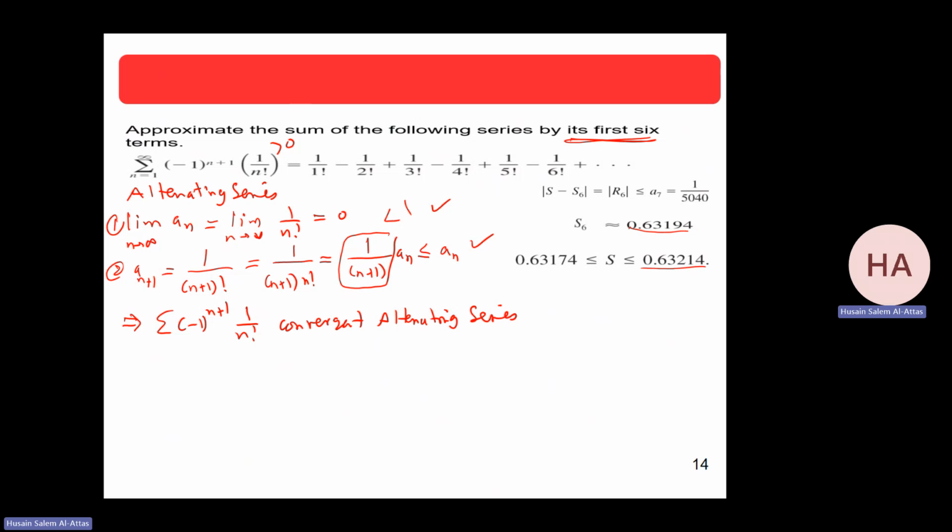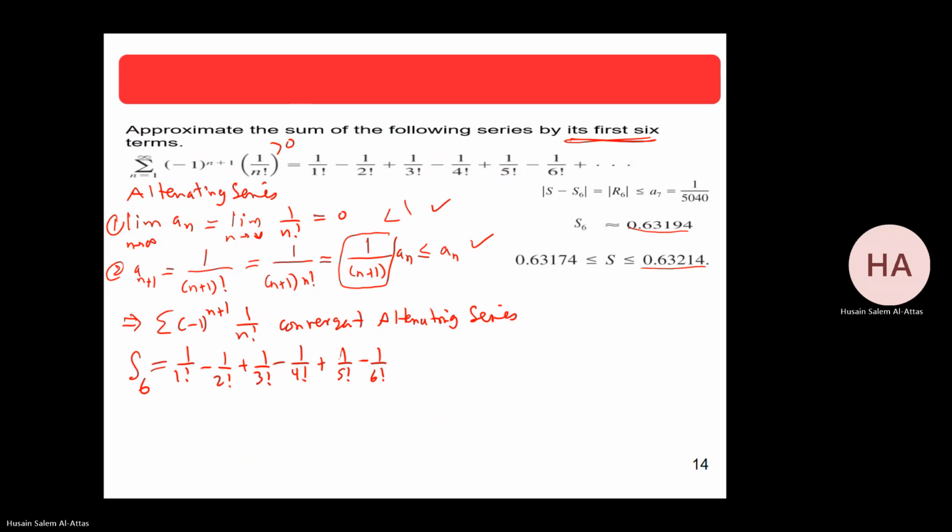So I'm concerned about S6, which is 1 over 1 factorial minus 1 over 2 factorial plus 1 over 3 factorial minus 1 over 4 factorial plus 1 over 5 factorial minus 1 over 6 factorial. That will be my S6.